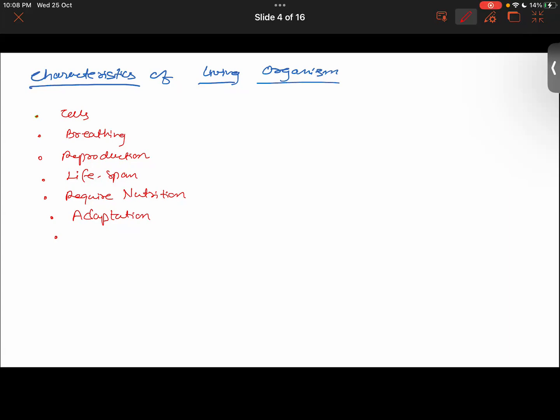If you were to go to the hilly areas, the people who are already living there, in their body the blood circulation is higher as compared to those living in the low-lying areas. You know why is it so? Why is it so?